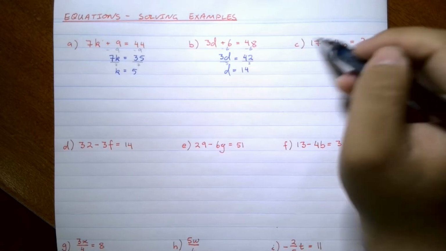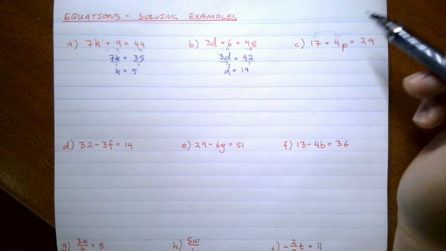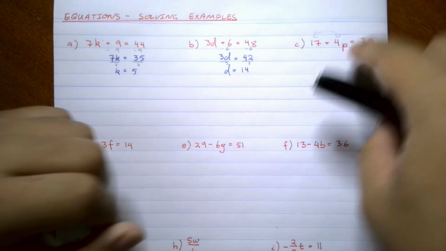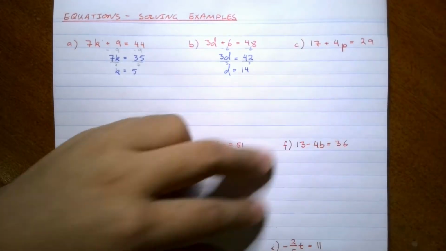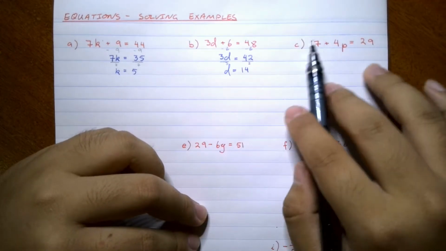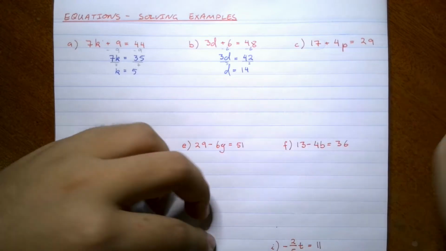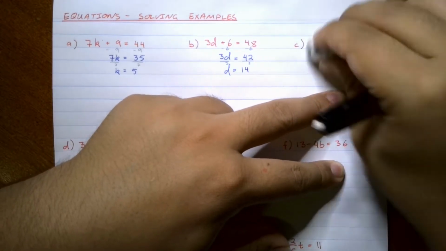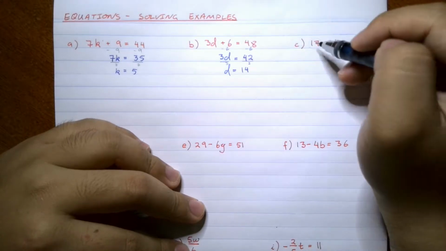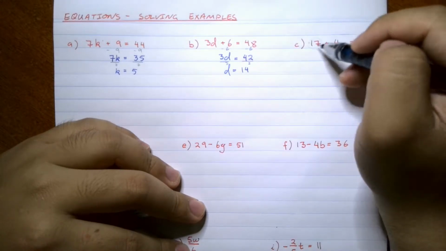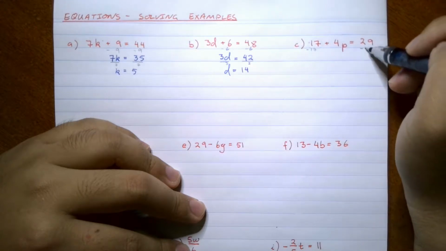Now, in this case, don't be fooled, because they've just switched the position of where the pronumeral is normally situated. But you know that in order to get this algebraic expression, the addition of 17 would have been done last. Since this is a positive 17, we need to subtract it from both sides.